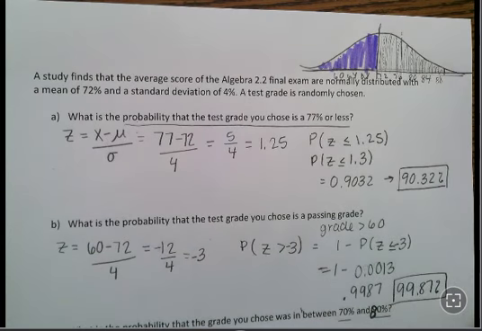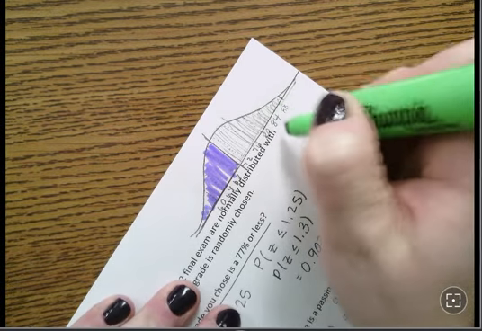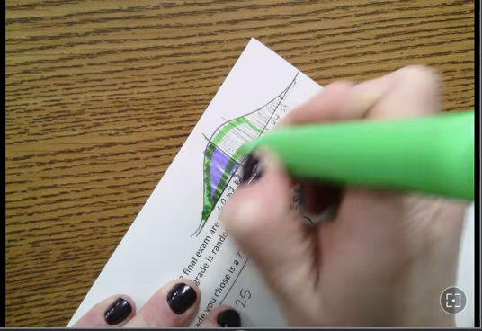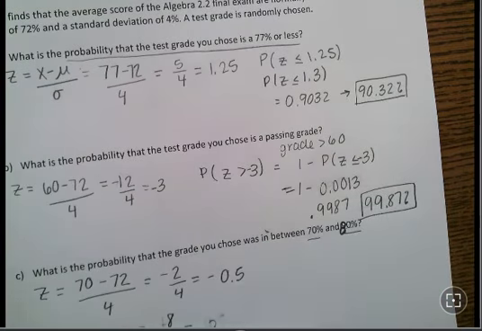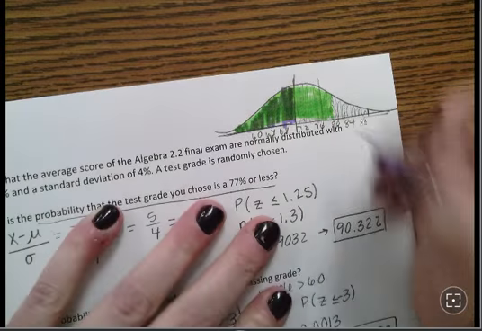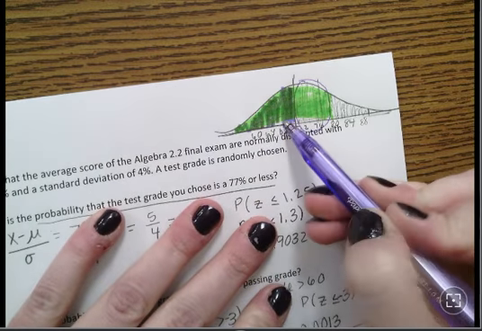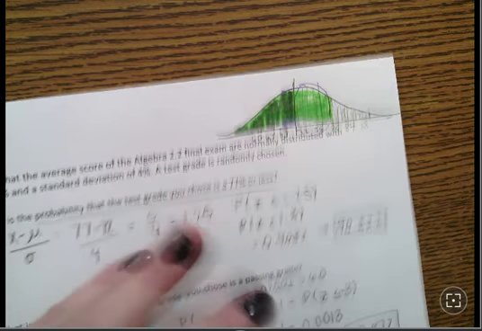Now the probability that we just found with this z-score would be the probability of everything under 80, which is all of this. What we want is this section right there. We don't want any of that because that's less than 70. We want it between 70 and 80.